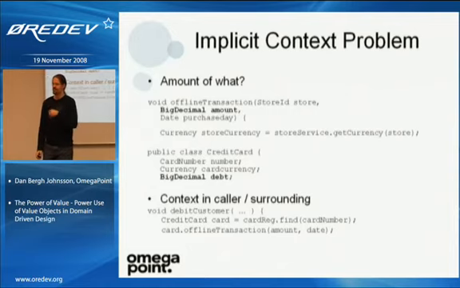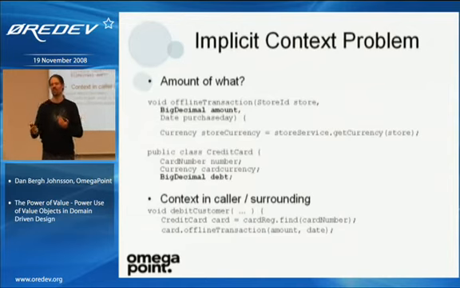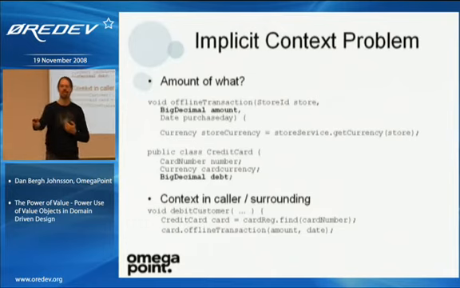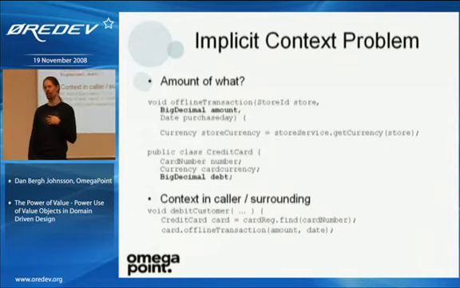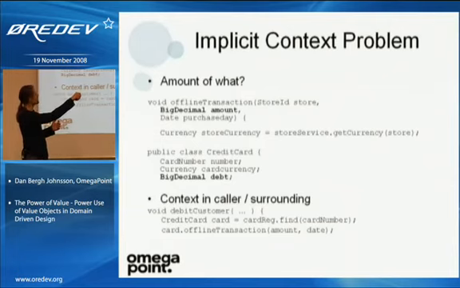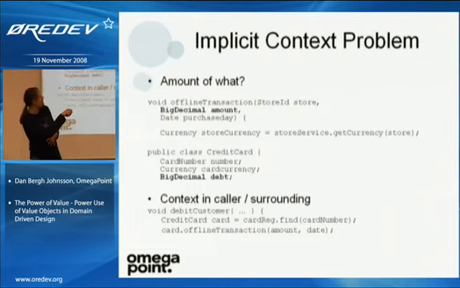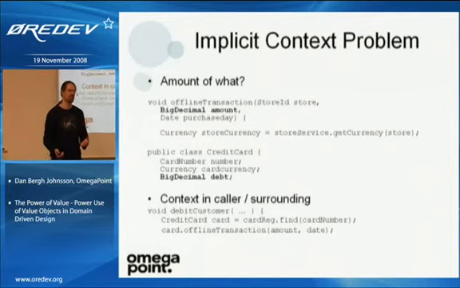Well, instead of the caller telling what currency it is, we leave it to the callee, to the credit card, to figure out in some magic way that this is probably euros or probably US dollars. So the information is in the context. In the store ID, we use the store ID to fetch the currency from the store service, thus completing our context and giving us the entire information.